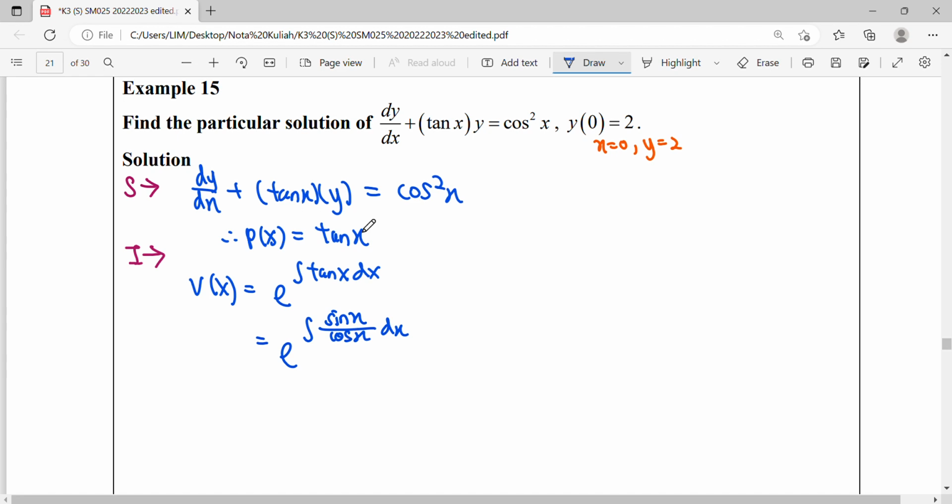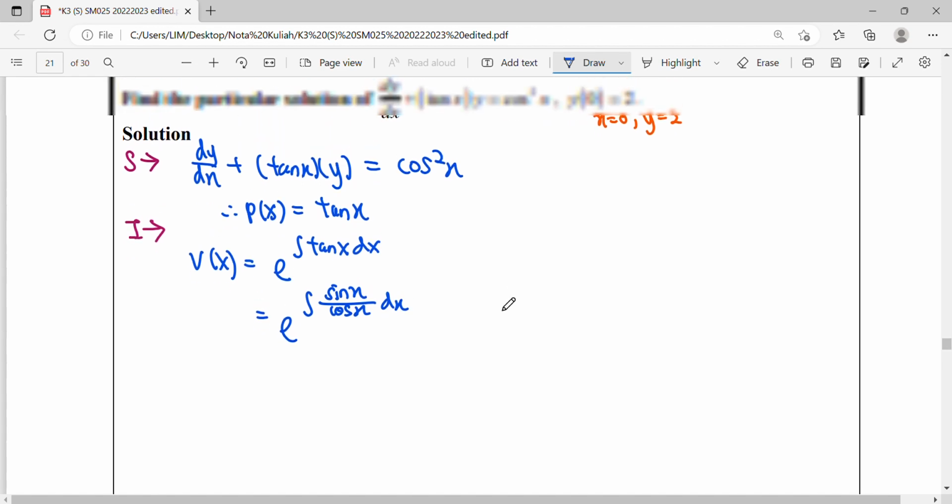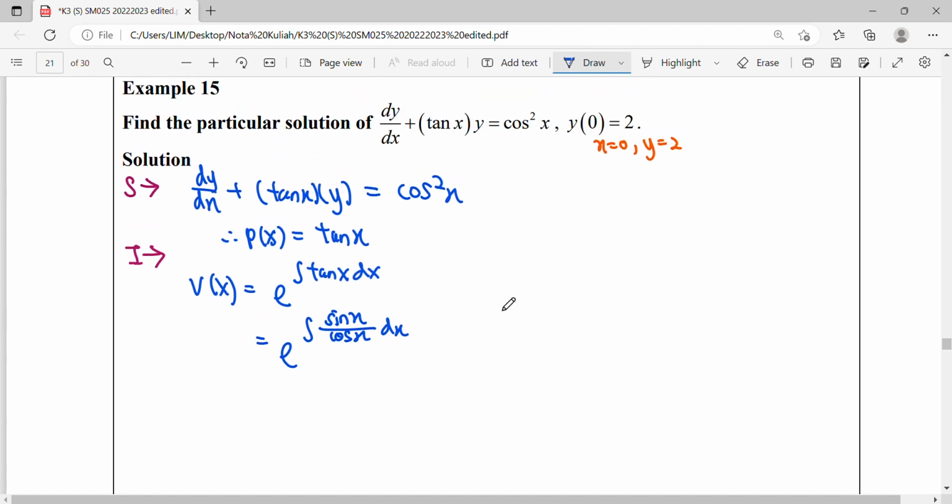So this one needs substitution. If I want to do substitution, I can use the special form of formula: when we integrate f'(x) over f(x), we get ln f(x), if you don't want to do substitution. This is the formula that I didn't teach you before, I'm just showing you. In this case, the function here is cos x.